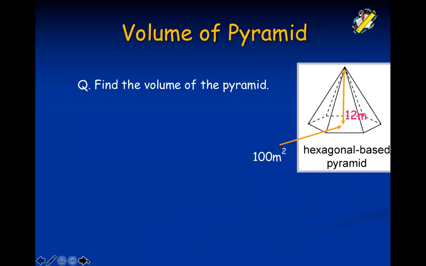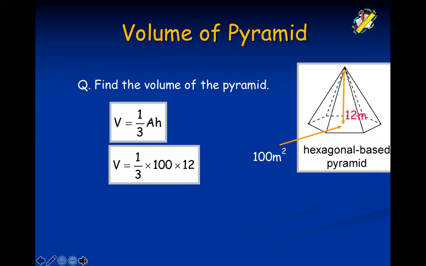A third of 12 is 4. 4 times 100, 400 meters cube. So basically the volume is quite a big volume, but remember pyramids are usually quite big.